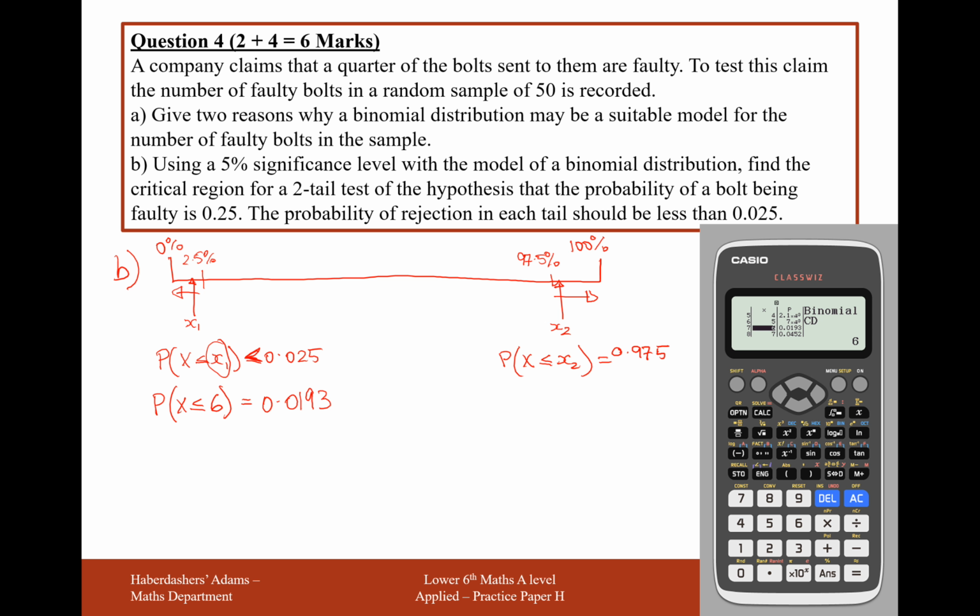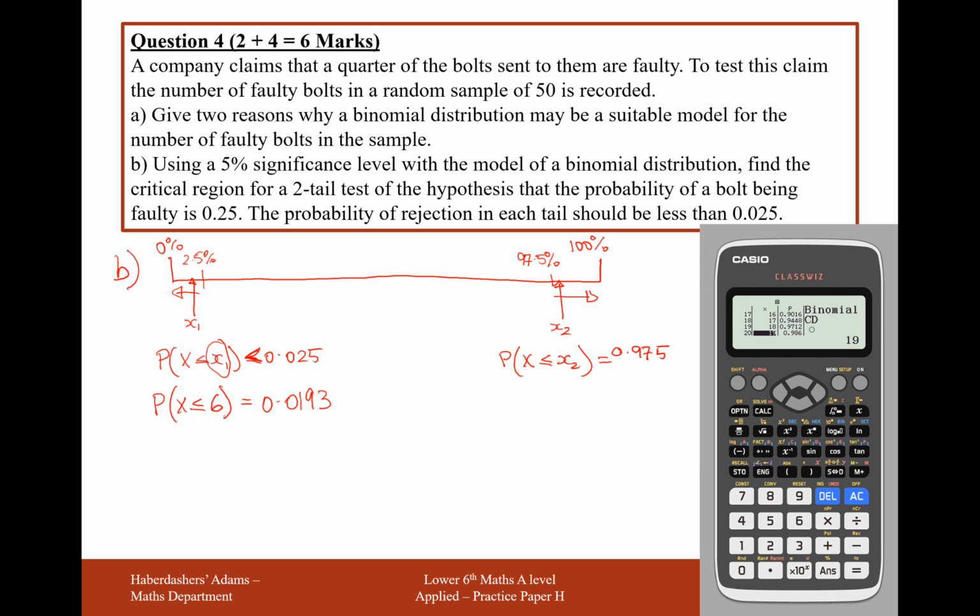On the other end of the spectrum, keep on scrolling down in your calculator, and now we're looking for a probability that's just over 0.975. So in this case here, the probability where x is less than or equal to, in this case we're going to have to go with, it's nearly 18, it's not quite 18, we're going to have to go with 19 here. Out of these 50 bolts, getting 19 or fewer of them to fail is really likely.